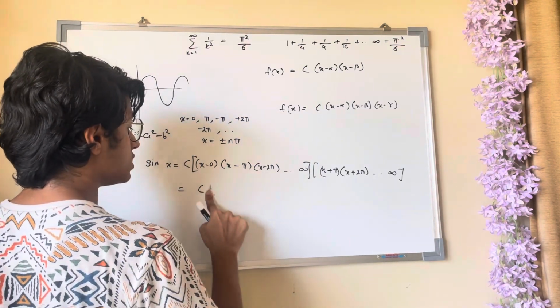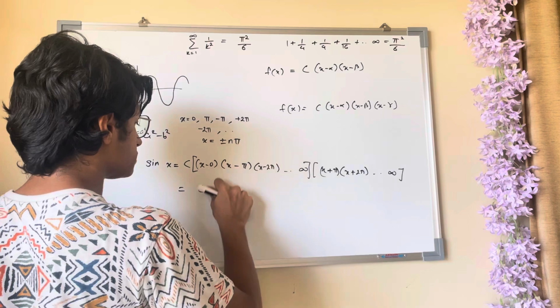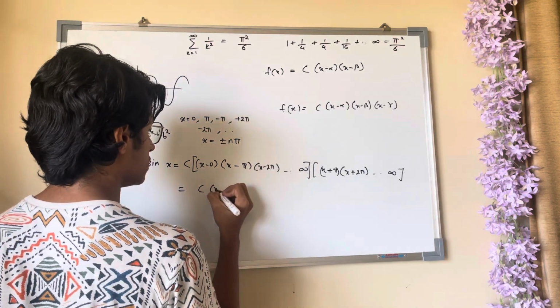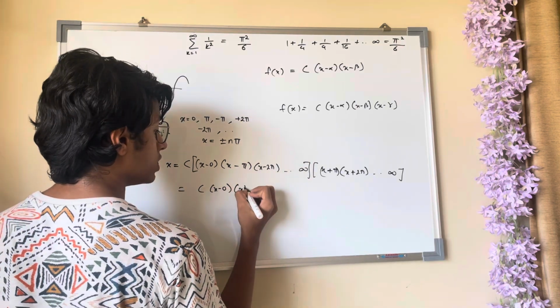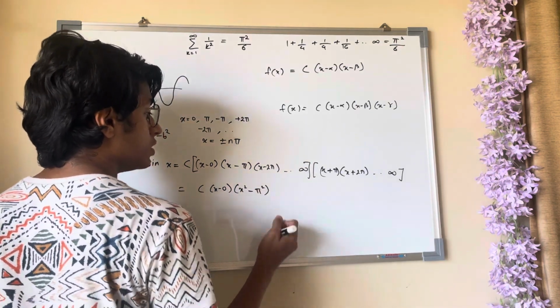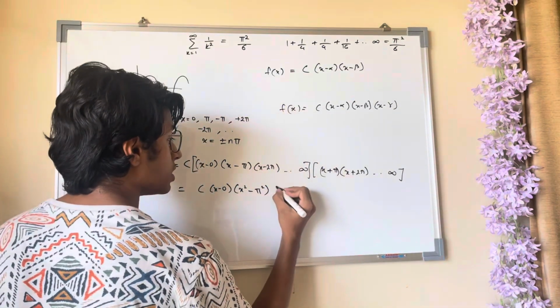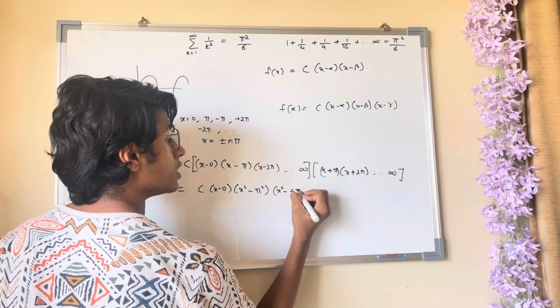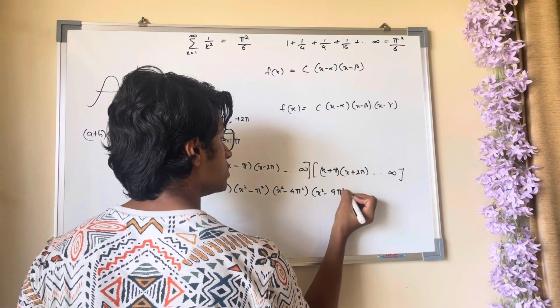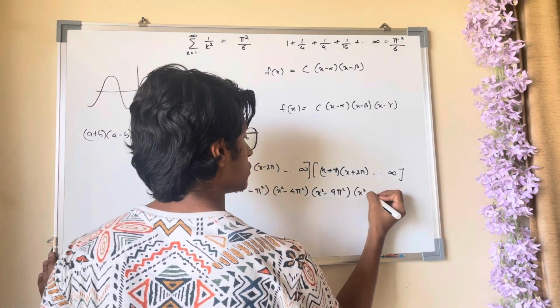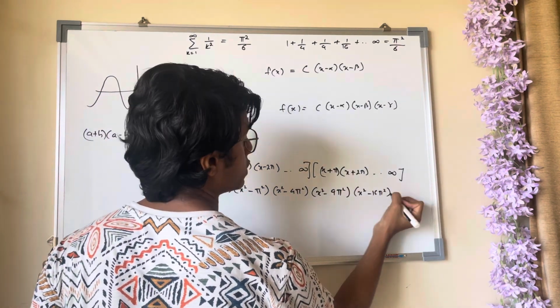Writing x minus 0 as it is, x minus 0. Grouping these two terms together, we get x square minus pi square. These two terms together, we get x square minus 4 pi square. The next term will be x square minus 9 pi square and x square minus 16 pi square, and so on till infinity.